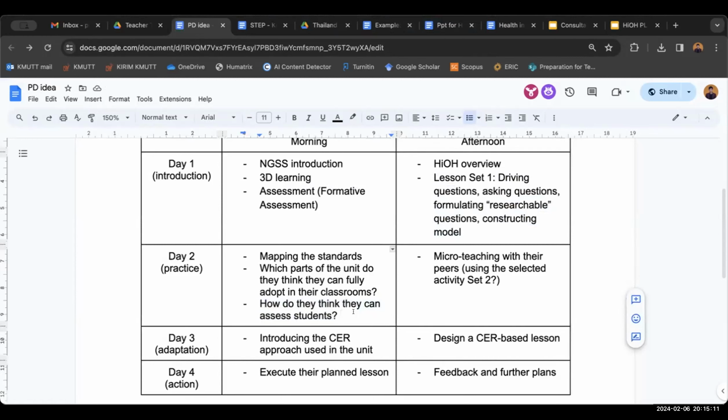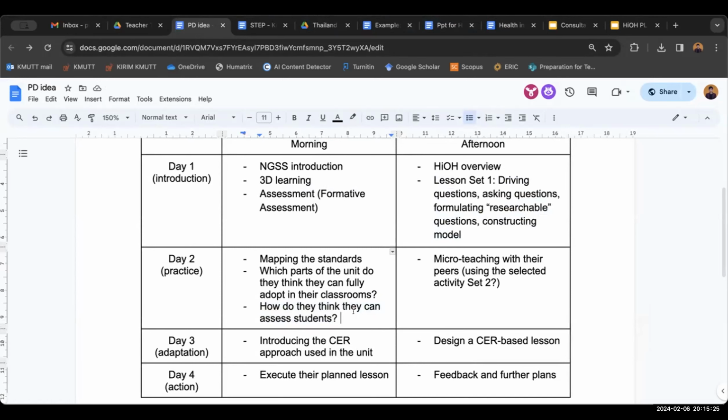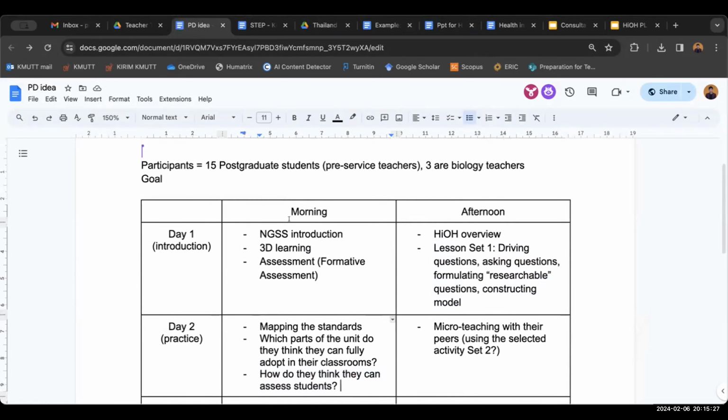So I have a question: is the idea that teachers will use parts of the unit, not the whole unit? Right. The context is that our participants are pre-service teachers, and after the training they are going to do an internship in the school.